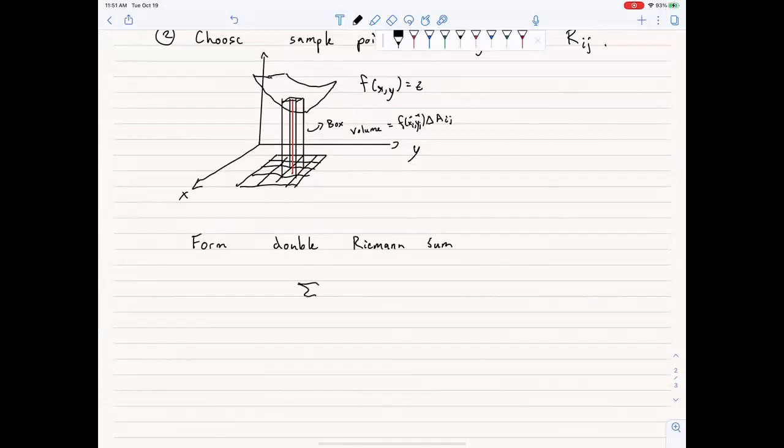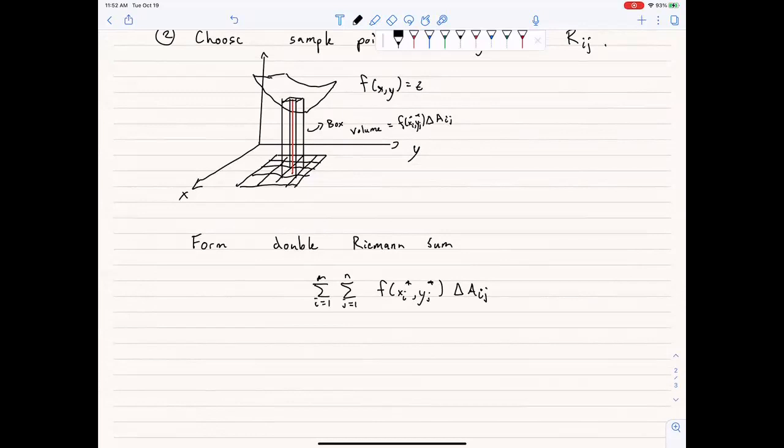And for that, we have a fancier expression. You're going to go from i equaling 1 to m. You also need to sum from j equaling 1 to n. You put in the heights, and these are the areas of the base. This is our double Riemann sum.